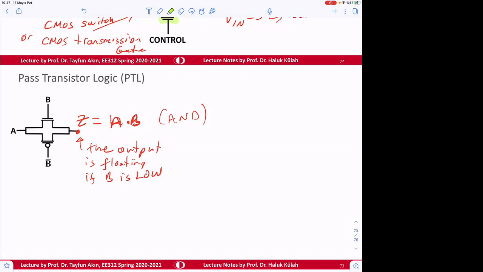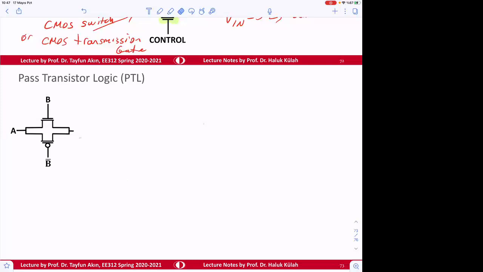So this is not a good way of representing it. Let me start from the beginning. Maybe I should just erase this and start from the beginning, which might be better and easier.